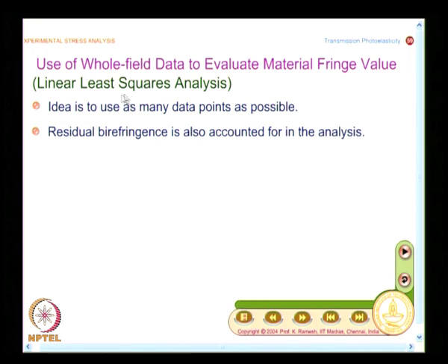And in this case, the resulting equations are essentially linear, and I call this linear least squares analysis. The credit to introduce these kind of methodologies goes to Professor Sanford. He was the first person to initiate this kind of thinking in experimental mechanics.